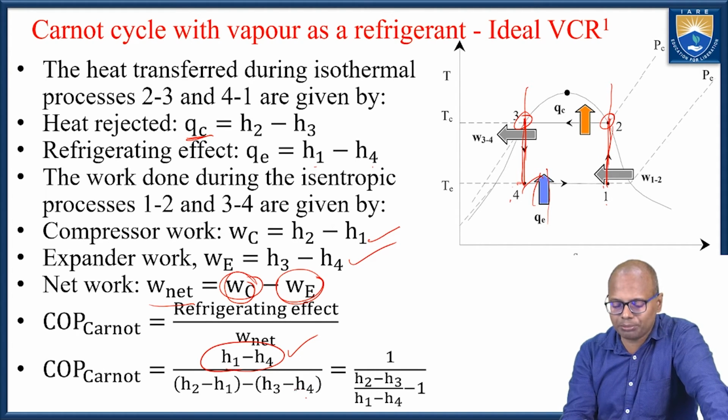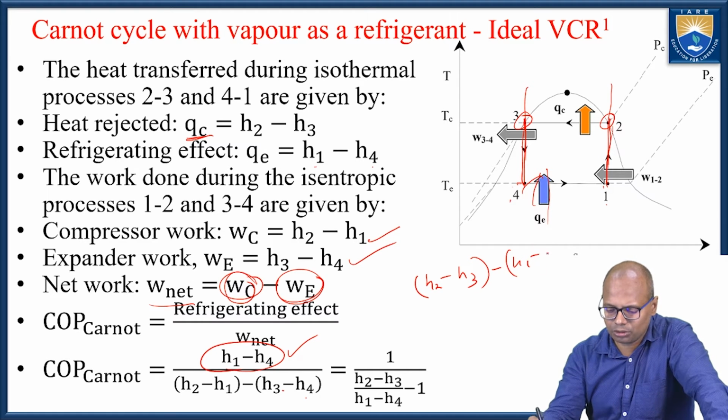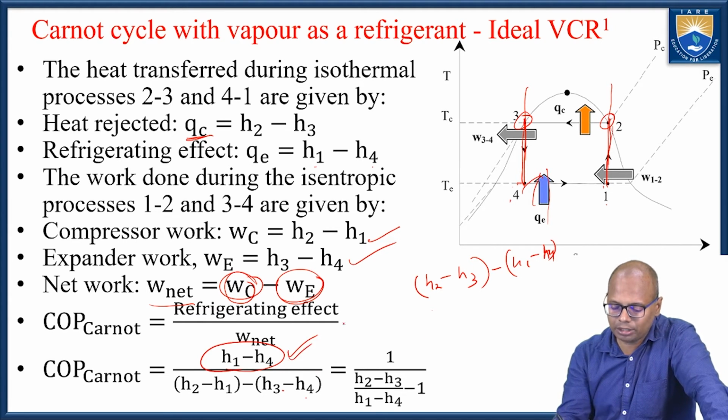Now if I want to simplify this, how can I simplify this? I can rearrange the denominator. How to rearrange? It is H2 minus H3 in one bracket, and I can put minus H1 minus H4. If I put it like that, I can take the numerator into the denominator and divide this.